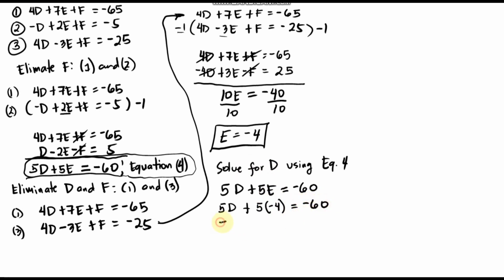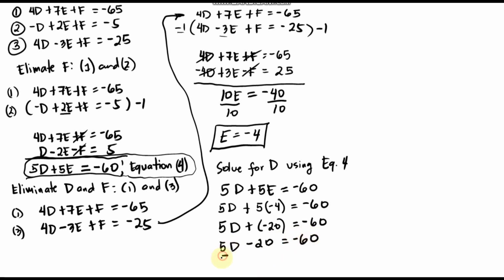Then simplify 5d plus ito 5 times negative 4, that is negative 20, equals negative 60.